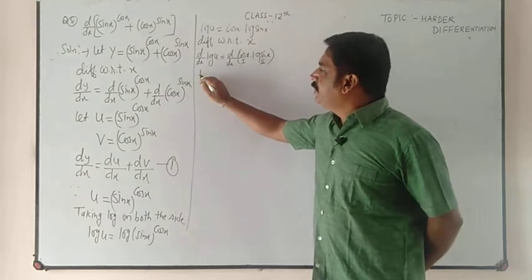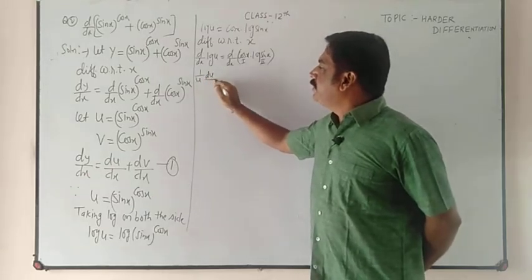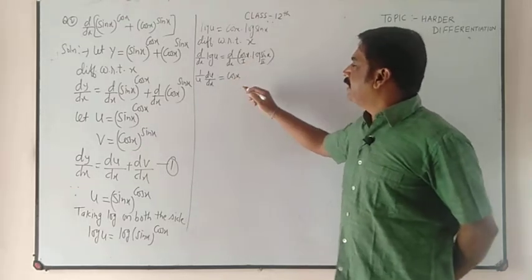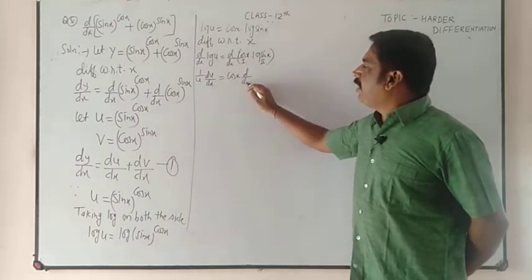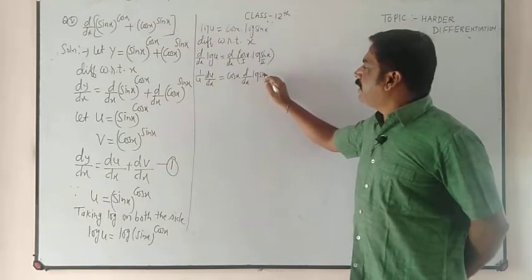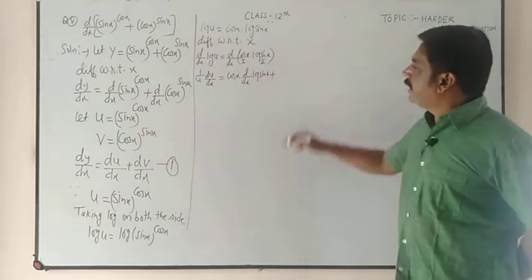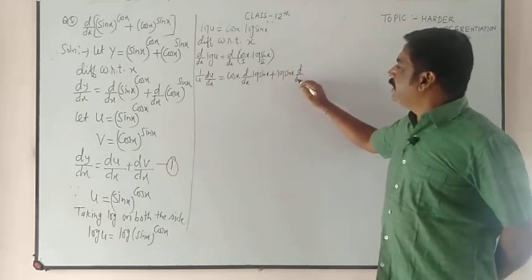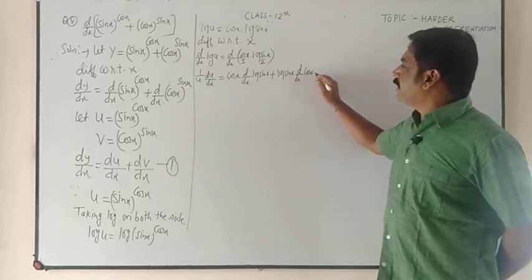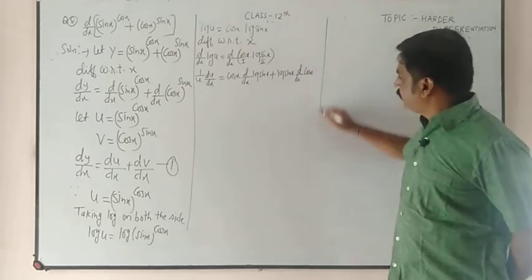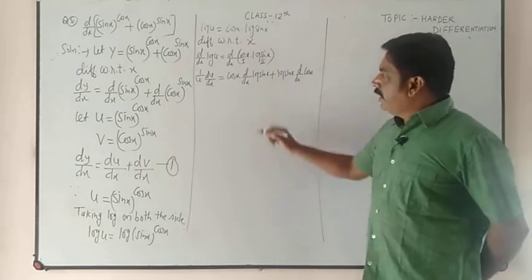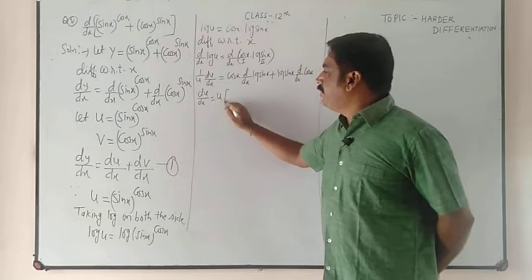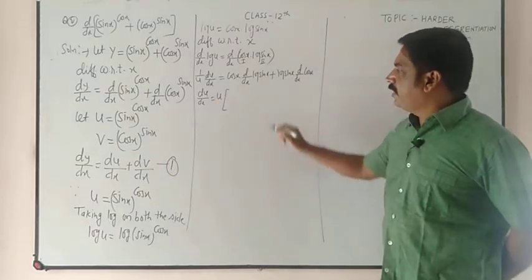Differentiation of log u is 1 upon u du by dx. First function into differentiation of second function plus second function into differentiation of first function cos x. Clear?